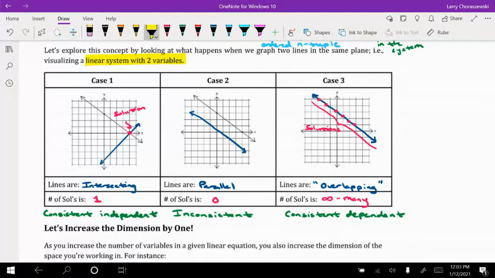Sorry about that. So just make sure you add IN to your dependent word of case 1. Case 3 is a situation where it's consistent dependent. And the major deal there is it's dependent in the sense that the solution coming from one line depends on the solution from another line, since they're overlapping each other. Okay.